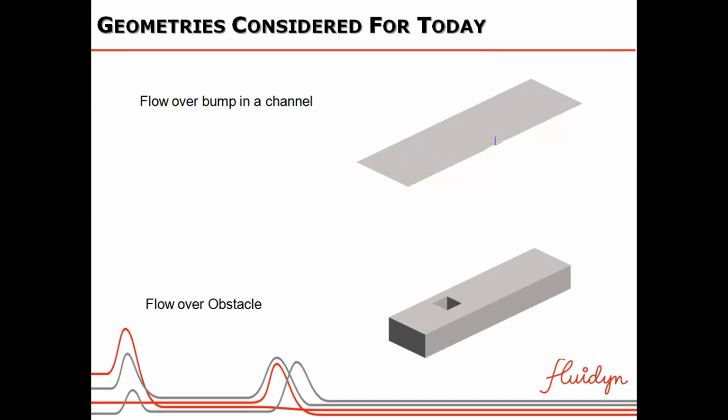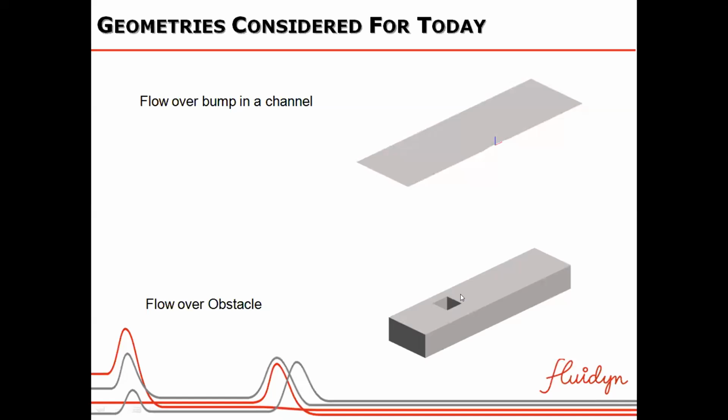What we are doing on these two geometries is creating a structured mesh as well as an unstructured mesh for flow over a channel using different algorithms in our software. Same thing, we will be creating a 3D mesh, structured as well as unstructured, using the obstacle case. So one 2D case and one 3D case we are trying to solve in this session.